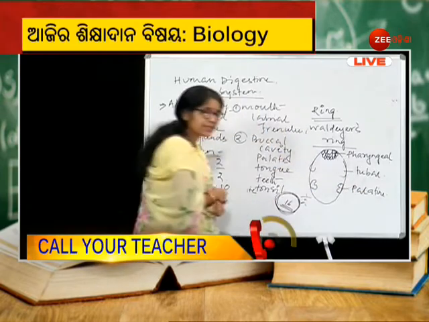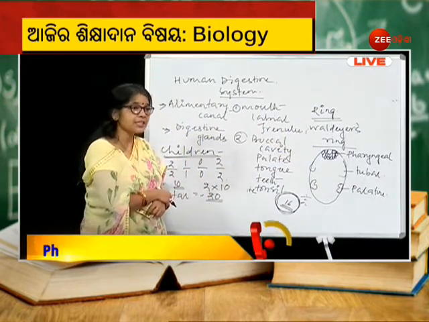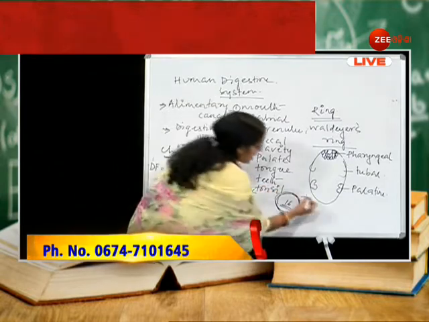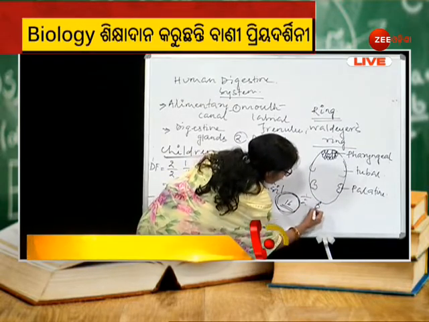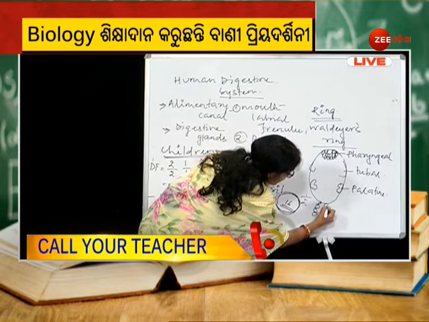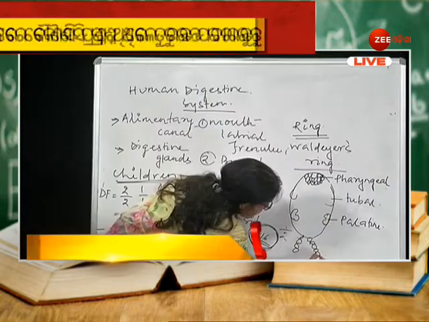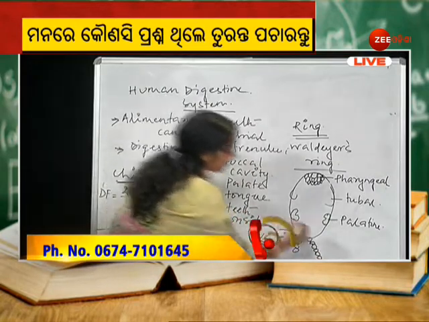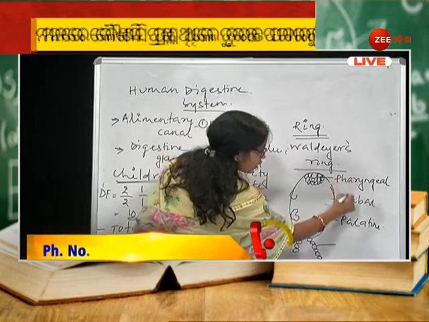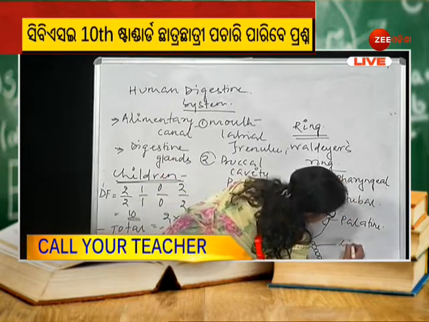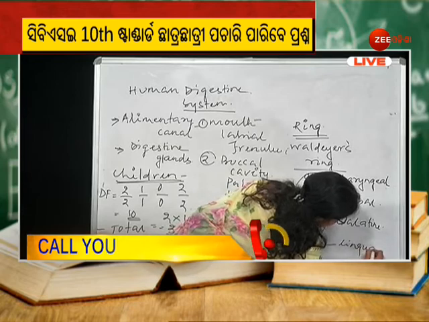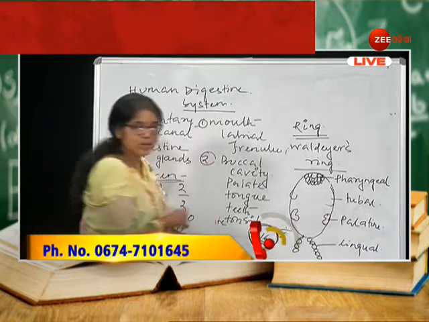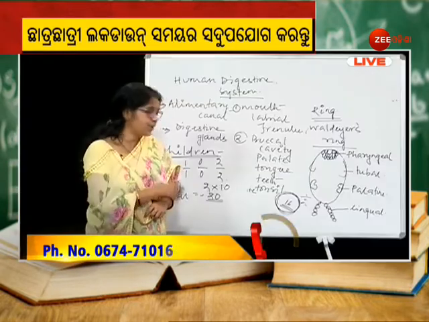Then the third one is palatine because it is present near the palate, and the last one is lingual. So lingual, pharyngeal, tubal, palatine and lingual. Lingual means which is present near the tongue.